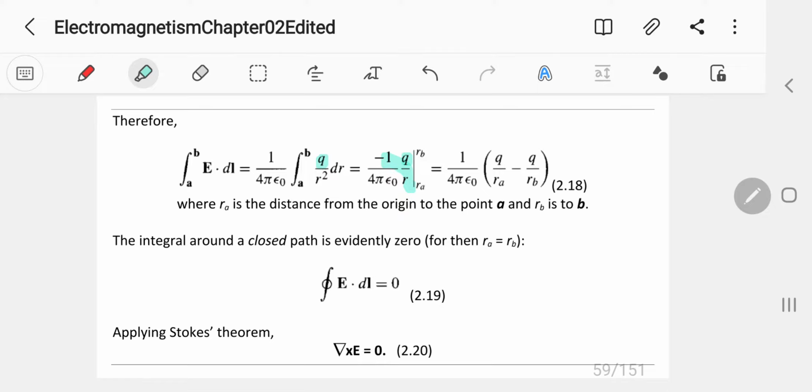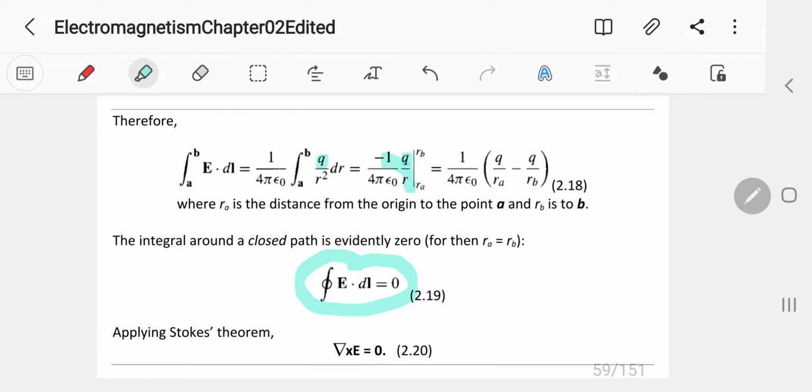That means your final distance from the origin is the same as your initial distance. So in that case, RA is equal to RB. That would be 0 if you do the closed integral, because your final point is the same as the initial point.